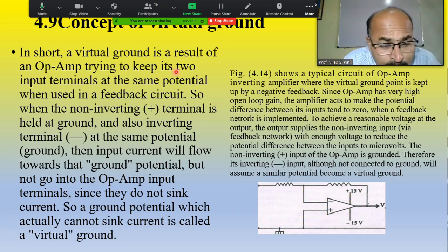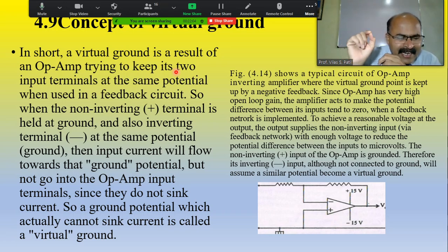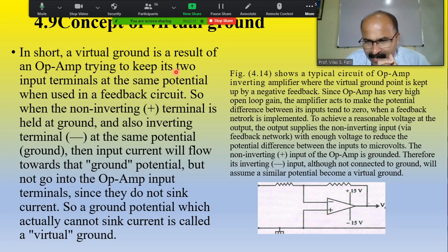When the non-inverting positive terminal is held at ground, and also the inverting terminal is held at ground potential, that is zero potential, then the current will flow toward the ground, which is known as sink current. So the ground potential, which actually cannot sink current, is called a virtual ground.